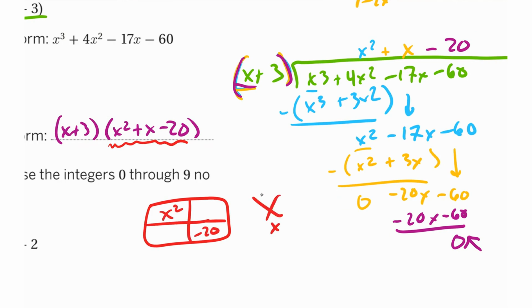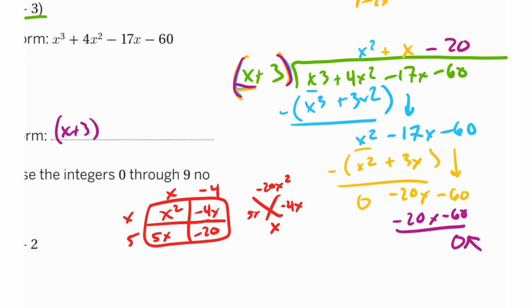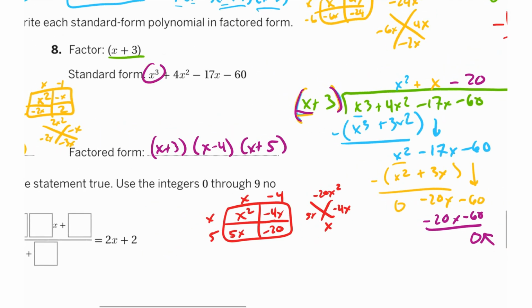X squared splits up into 2 things that multiply to negative 20x squared, which would be 5x and negative 4x. 5, negative 4. And so yes, my final solution here is x plus 3, which is what we were given, x minus 4, and x plus 5. So my cubic function gave me 3 different factors.